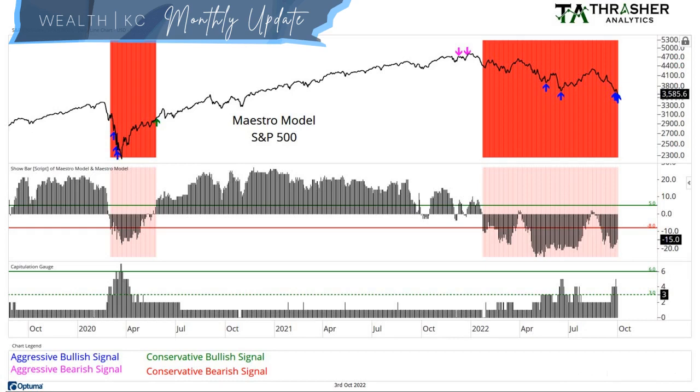In June, on those June lows we've been talking a lot about, we got the aggressive bullish signal and the market did recover, but we never got that 6 on the capitulation gauge. Therefore, it was more of a short-term bear market rally versus the beginning of a new bull market. So we are looking in the short term for a possible bear market rally over the coming weeks.